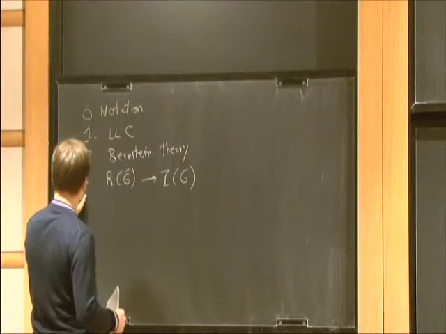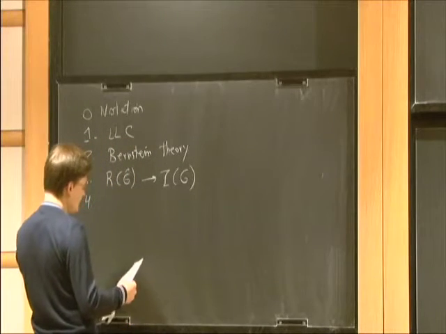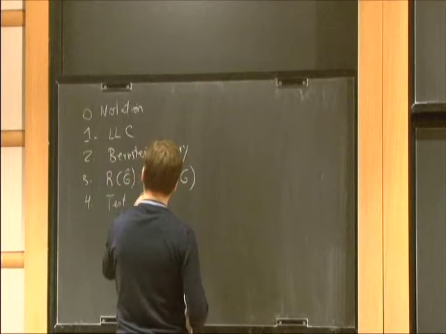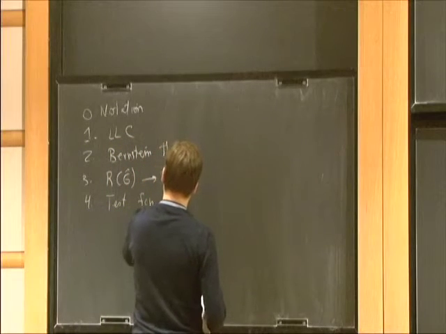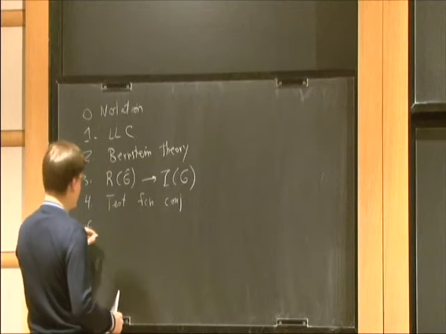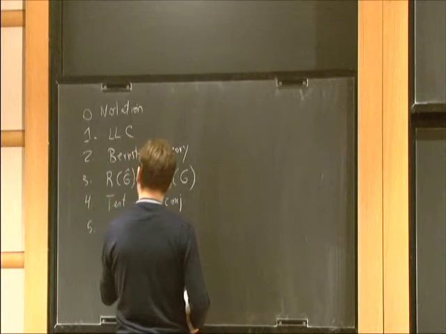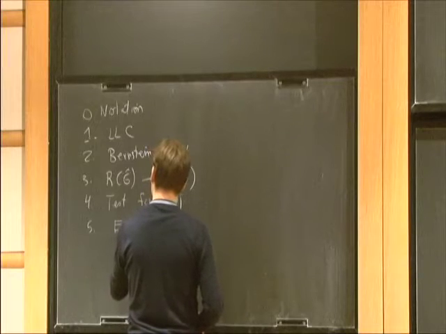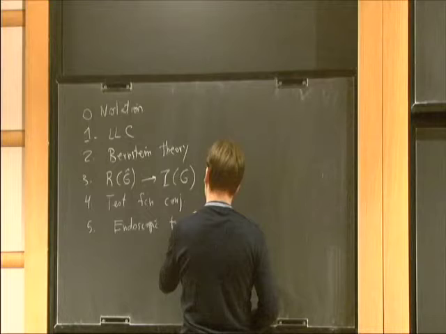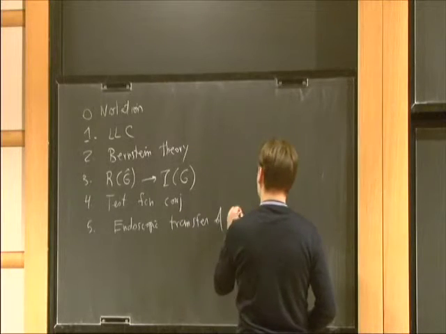I'll say what I mean by that in a second. Then I want to state something called the test function conjecture and say what is known about it. And then in the last part, if I have time, I will talk about endoscopic transfer of the Bernstein center.